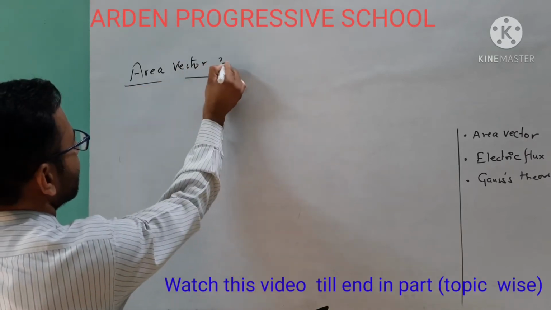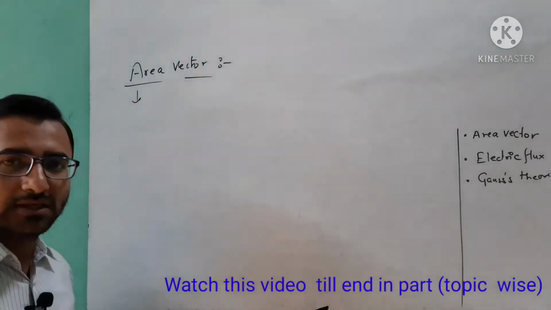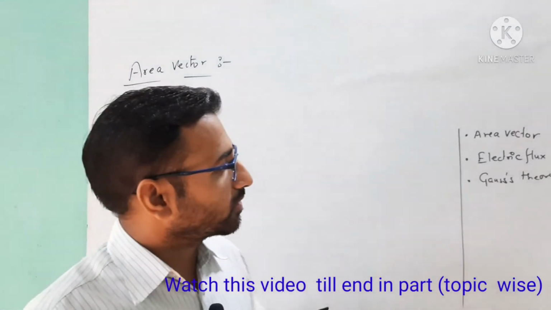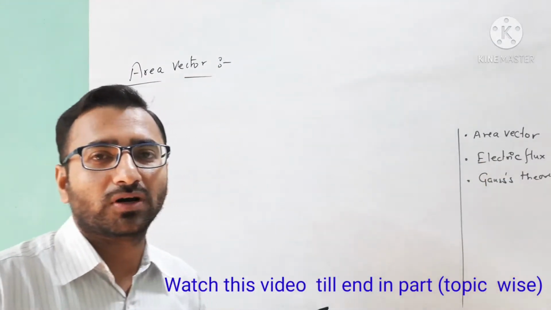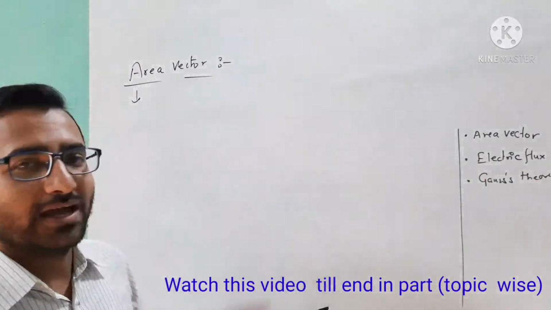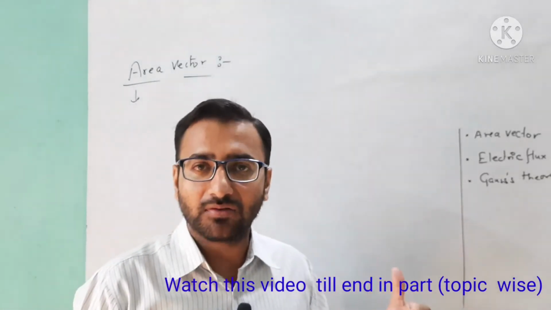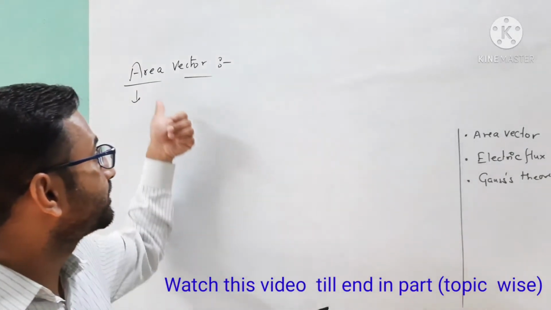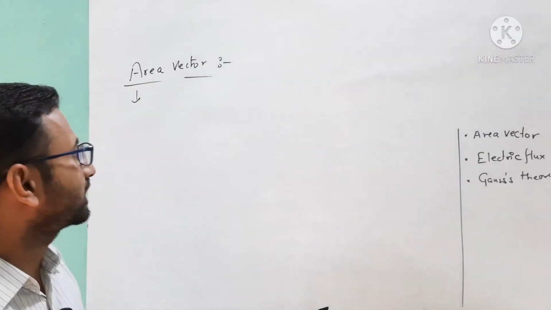As students, we know that area is a scalar quantity, but when we talk about the area vector, conventionally we will treat it as a vector quantity. Here the area we will treat as a vector quantity.